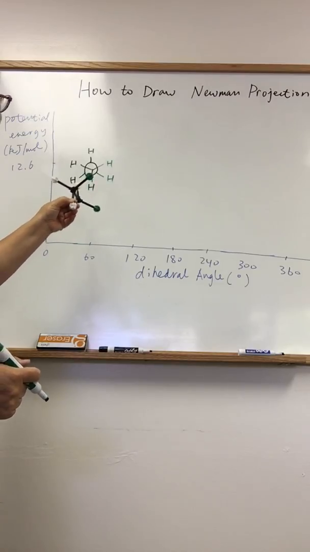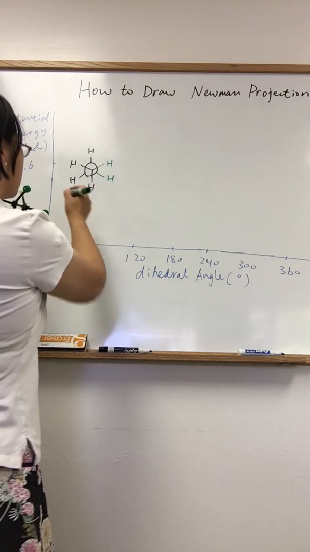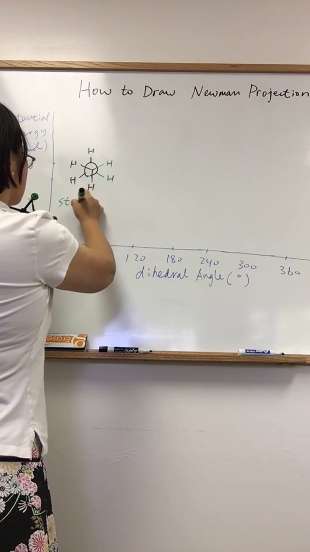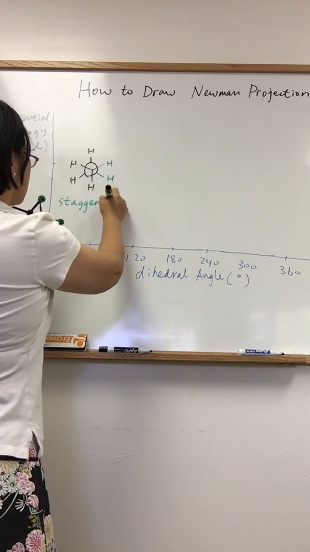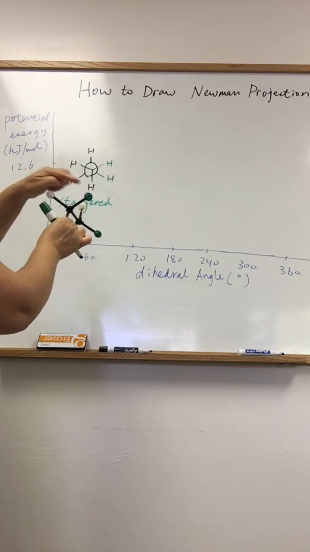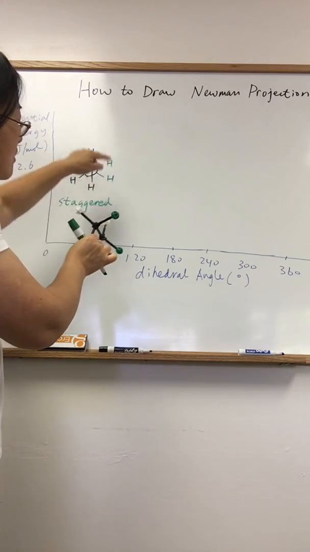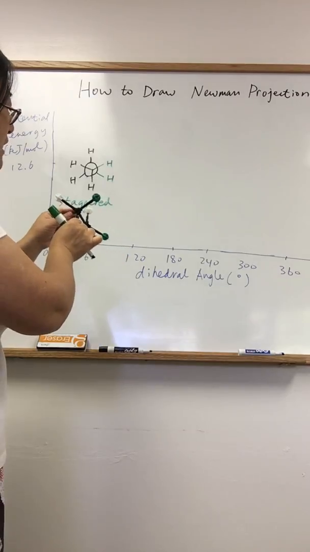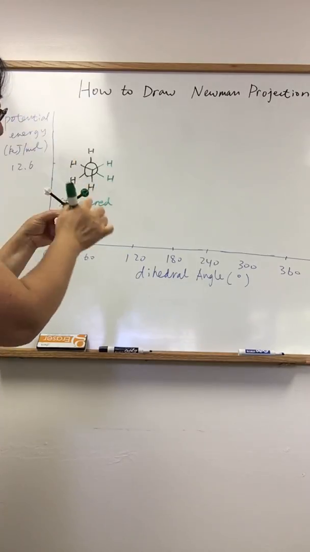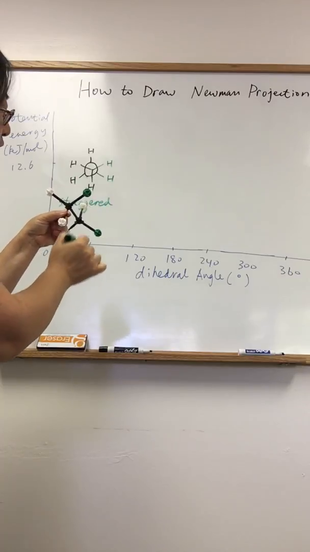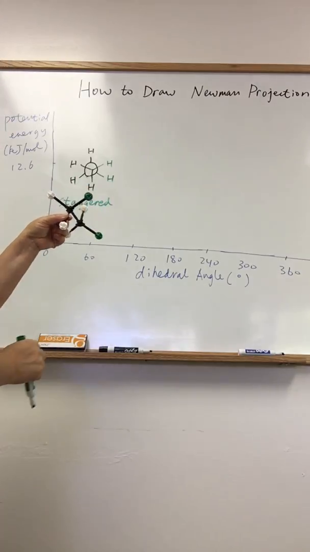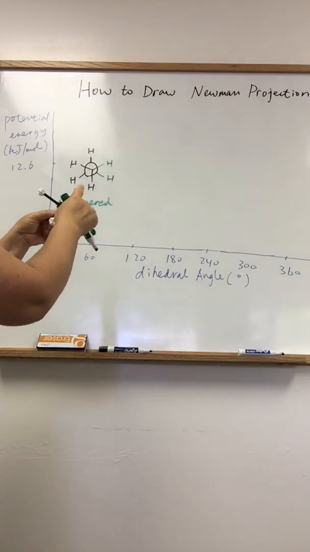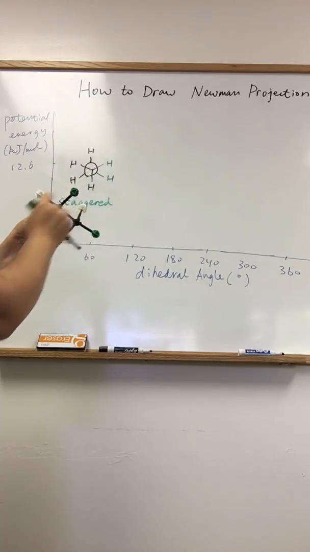So this particular conformation is called a staggered. All the hydrogens are positioned furthest away from each other, and under that circumstance we could describe the three-dimensional relationship between these two green hydrogens, and they are not directly bonded to each other.